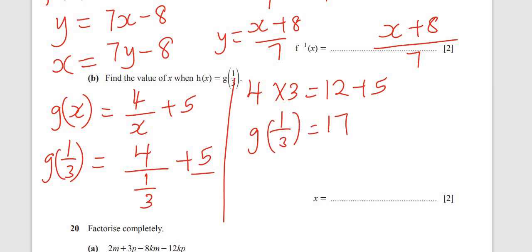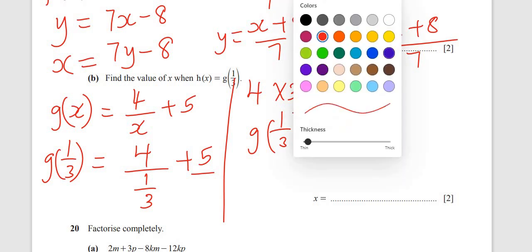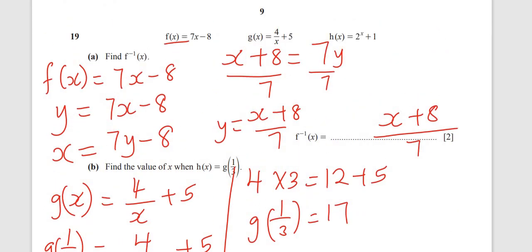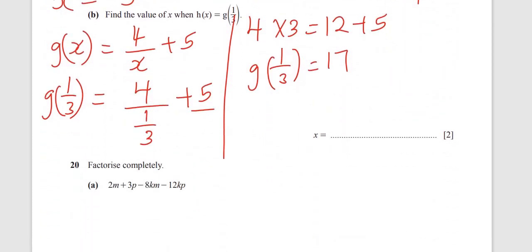But that's not the end, because we were told to find x when h of x is equal to g of 1/3. So h of x, when you go back to the functions, h of x is 2 to the power of x plus 1. So 2 to the power of x plus 1 is equal to g of 1/3, which we have just found to be 17.